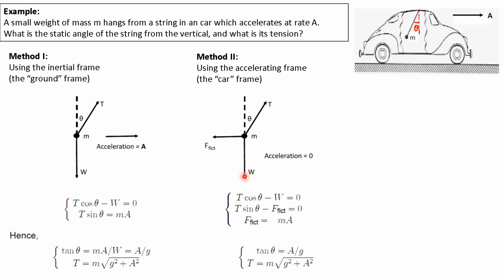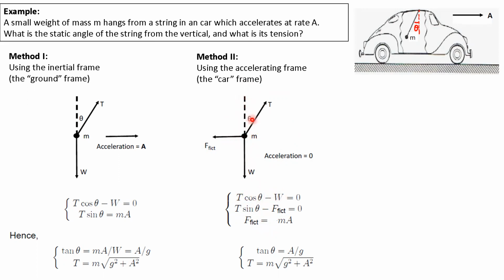Now I look at this picture. This is my force diagram. Again I resolve the force components in the vertical and the horizontal direction. The vertical equation is just the same one.